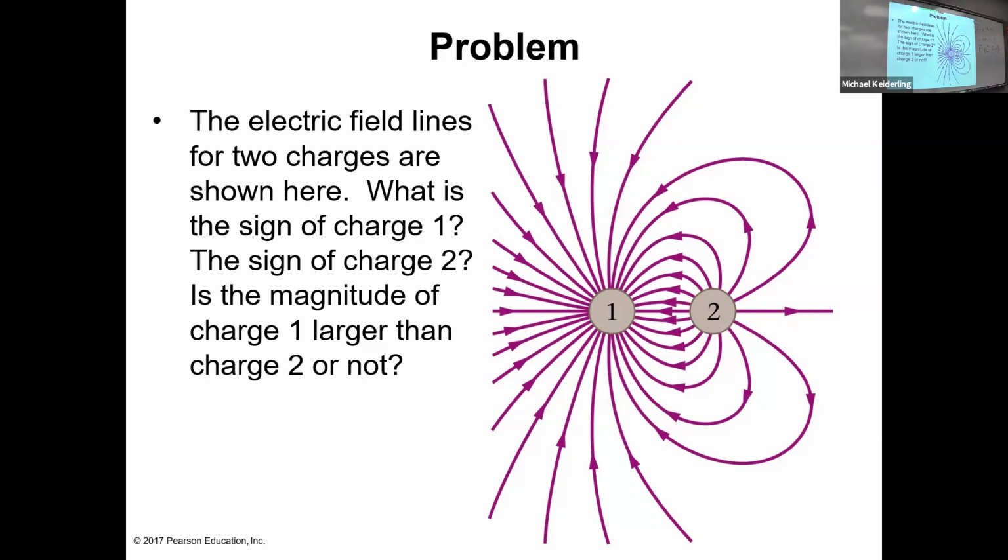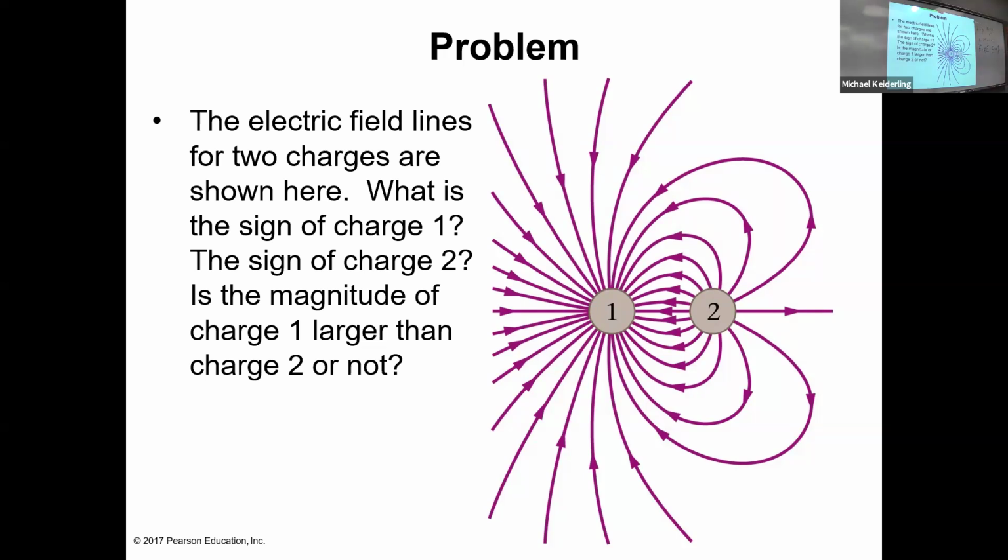So let's look at this. What do you think the sign of charge 1 is? Electric field lines are going into charge 1, so it's negative. How about charge 2? Positive.